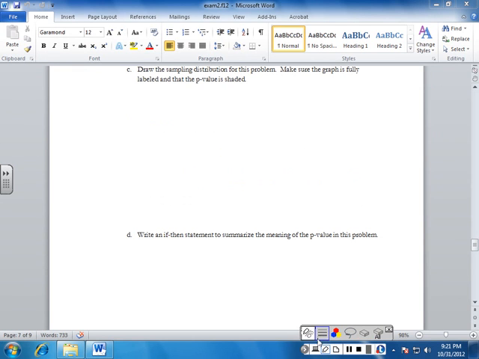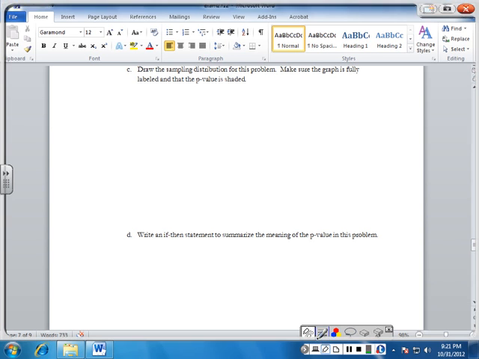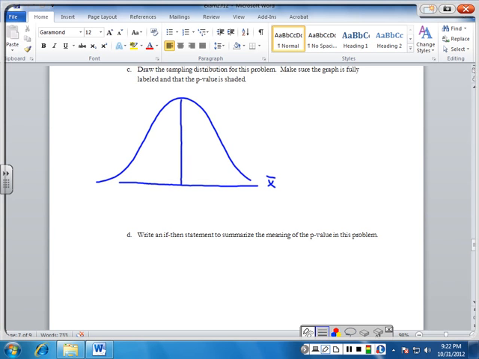Okay, so to draw the sampling distribution for this problem, it's a distribution of x bars. The hypothesized mean is equal to 0.